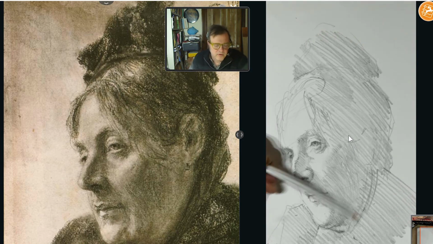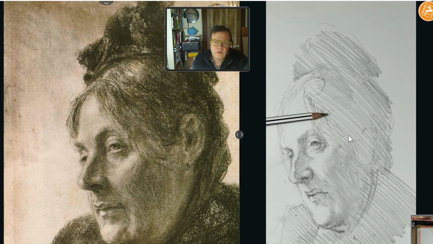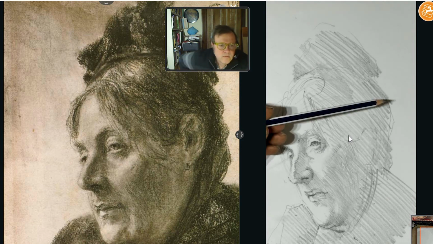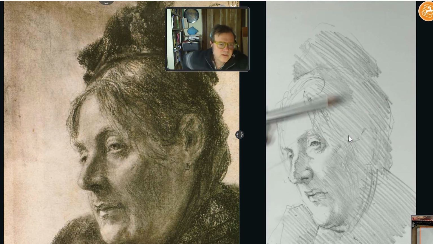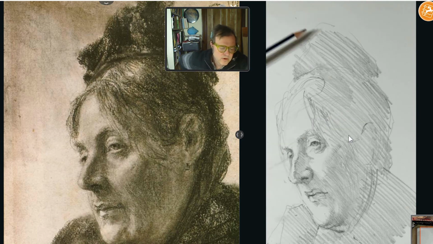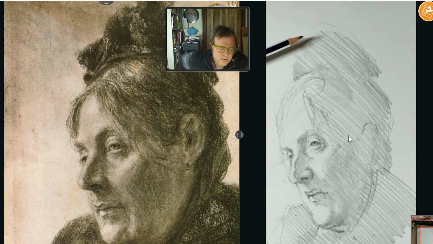So I'm starting to feel like my ear is crowding the eye, which is why I didn't do any detail on it yet. We want to get the face kind of locked in, and then when we go in and actually draw the ear, we can tease it back a little if we have to.